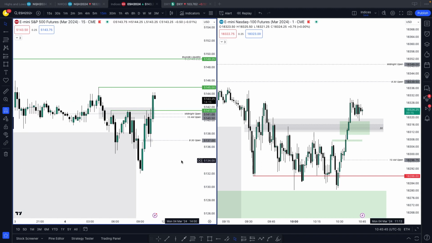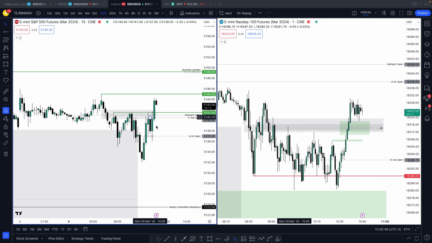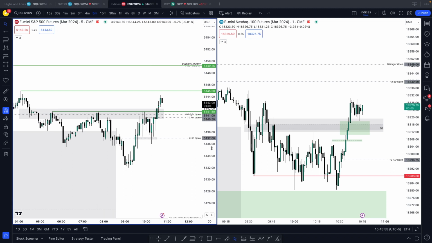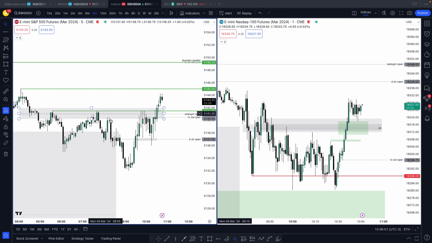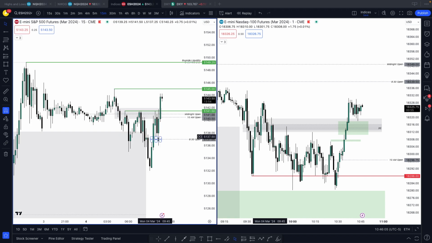Definitely a cleaner opportunity on ES so far this morning. So the trade on ES is just like a 2022 model of sorts. Running out the sell side, shift in market structure above some high, and then you have a 15-minute fair value gap that's returned into right here. So that would be your buy, stop under the low, target buy side here and here.